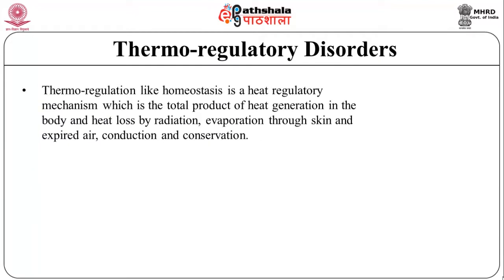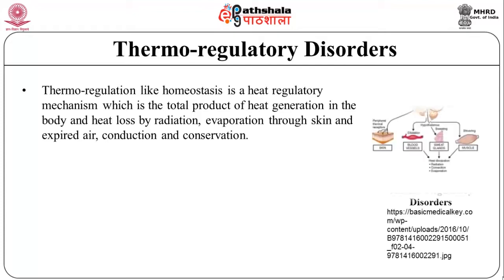Let's have a look at the thermoregulatory disorders. Thermoregulation, like homeostasis, is a vital regulatory mechanism which is the total product of heat generation in the body and heat loss by radiation, evaporation through skin and expired air, conduction and convection.